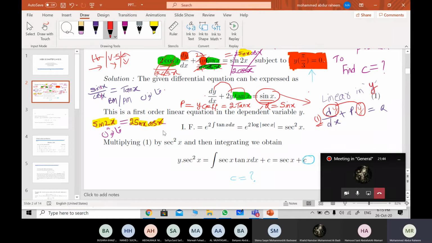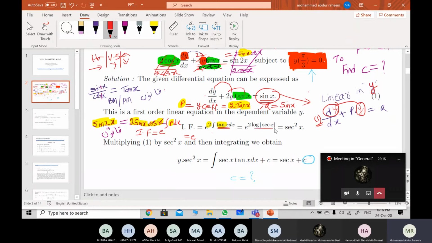IF. What is the rule for IF? Integrating factor: e power integral P dx. How much is P? 2 tan x. 2 is a constant, so kick it out.